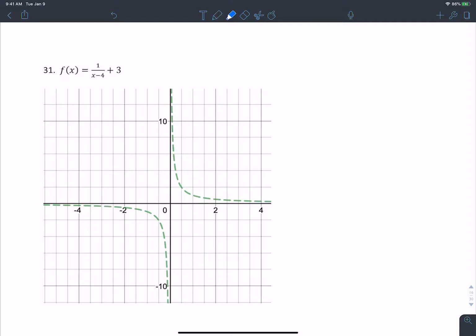Again, if we look at this reference curve, this is the hyperbola. But this time, notice what's happening with your shifting in the hyperbola here. We got minus 4. And what that means is we're going to have to shift to the right 4 units.